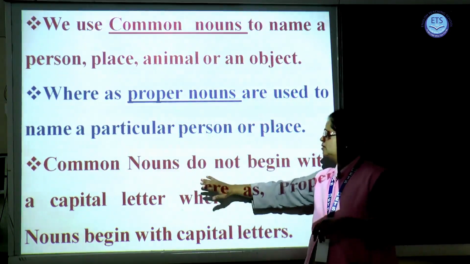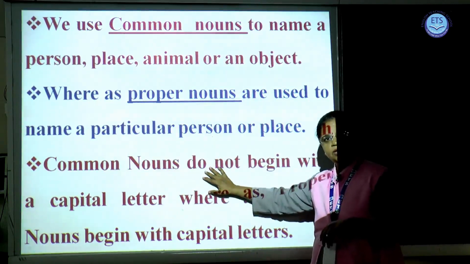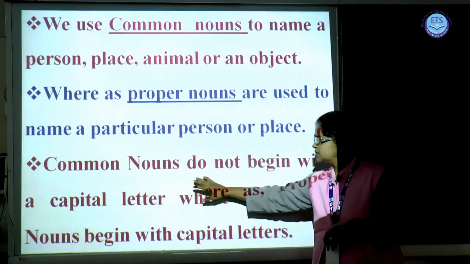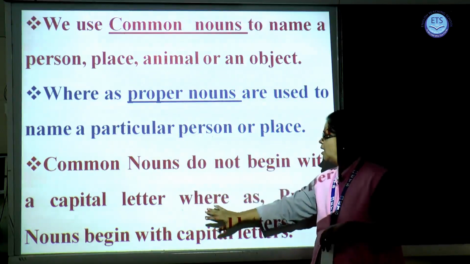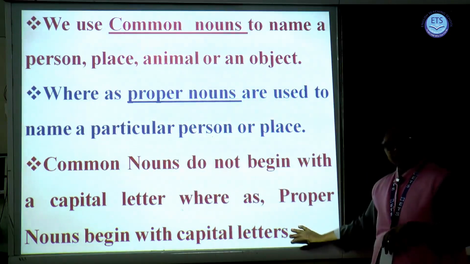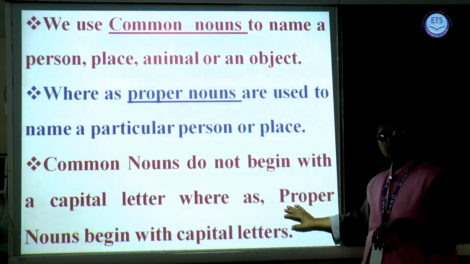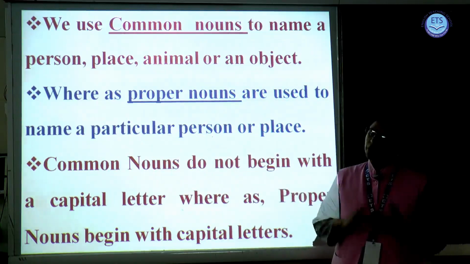This is a very big thing by which you can differentiate between a common noun and a proper noun. That is, common nouns do not begin with a capital letter, whereas a proper noun begins with a capital letter. Children, by this you can easily know which is a common noun and which is a proper noun.